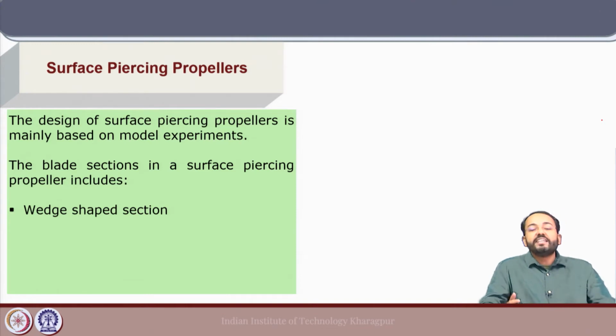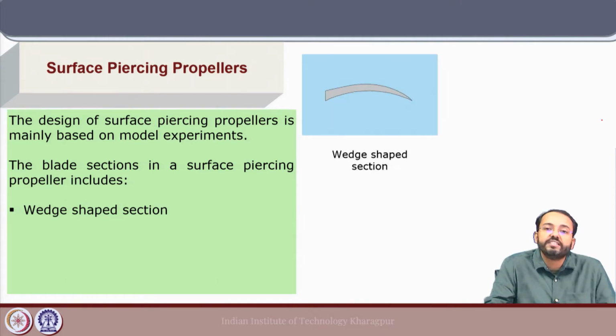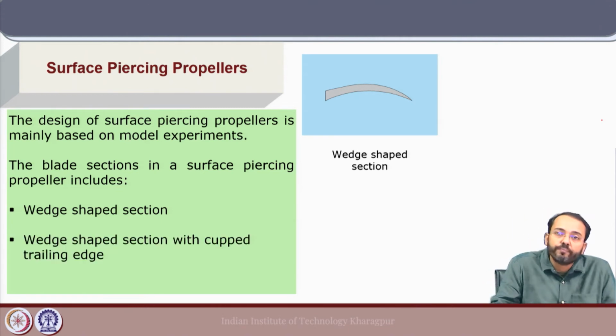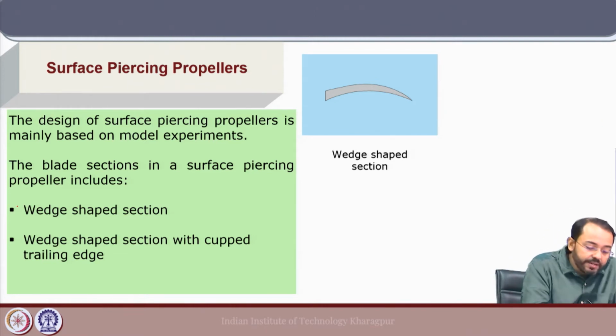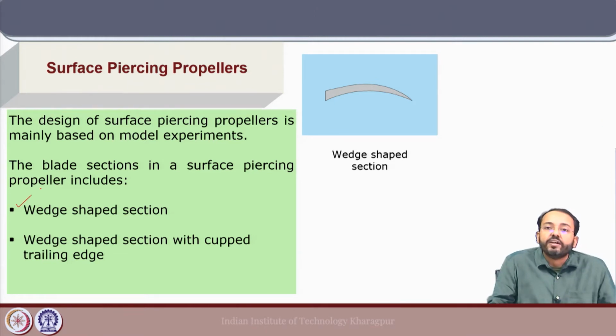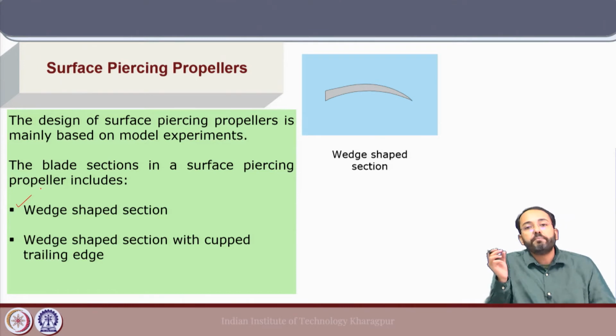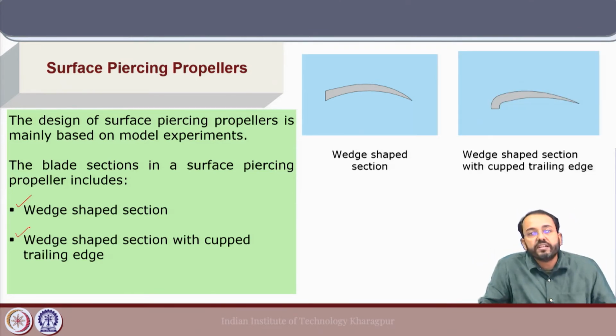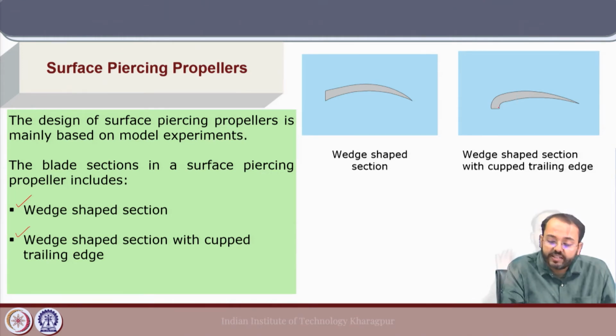Now, the blade sections which are used to design a surface piercing propeller are very much different from the blade sections which are used for conventional propellers. And here the typical sections which are used to design surface piercing propeller blade sections are shown. We have the wedge shaped section, which is in the shape of a wedge, and the same section with a cupped trailing edge is shown here.